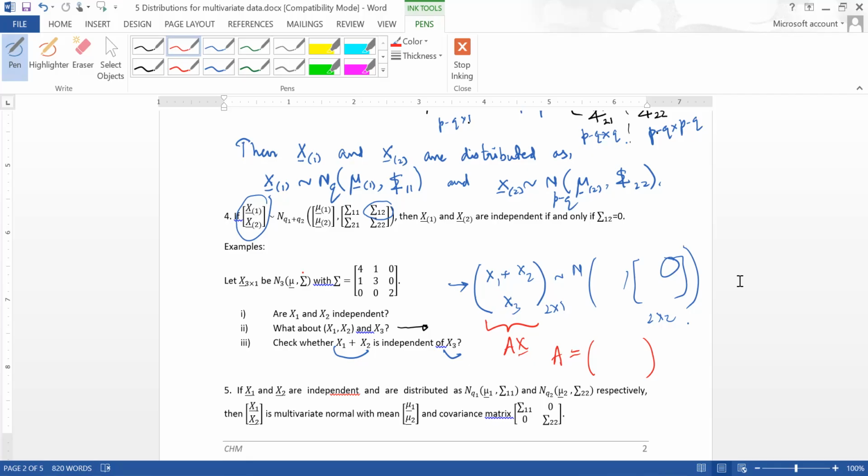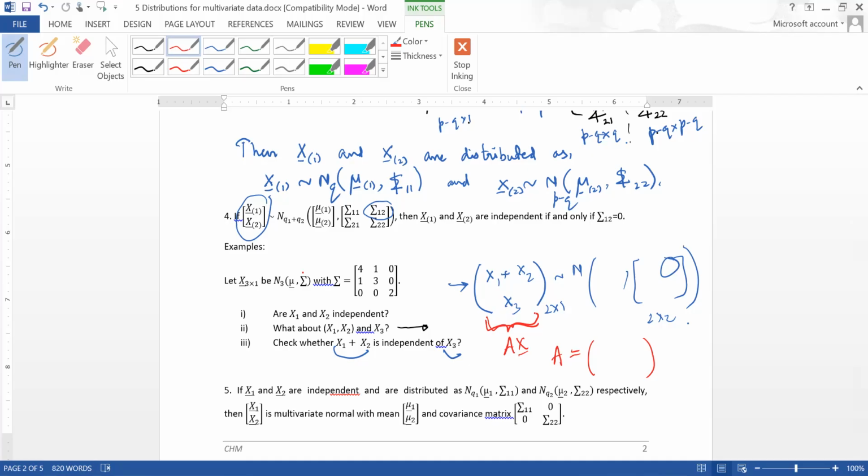So we have to use property 2 and find the variance covariance between these two components first. So I'm asking to find the variance covariance matrix. What's the A matrix here? That means this should be in the form of AX. As I said, each row of A represents each linear combination.